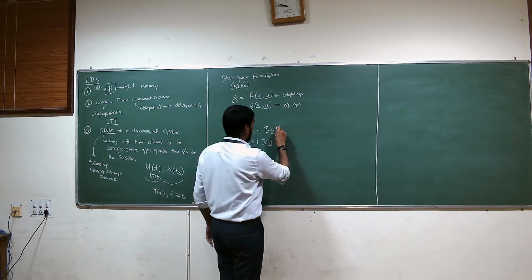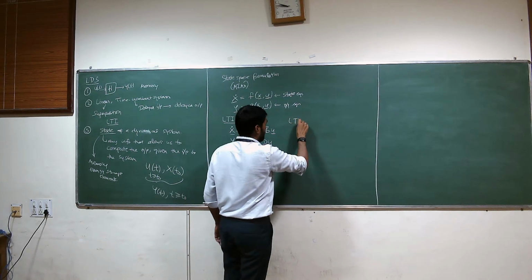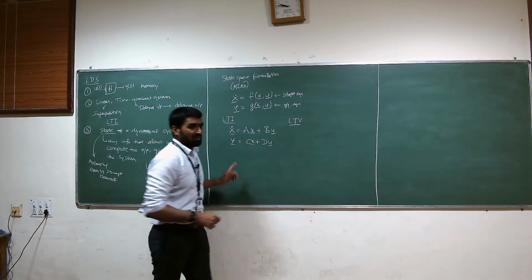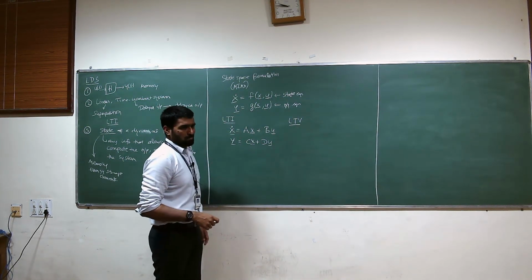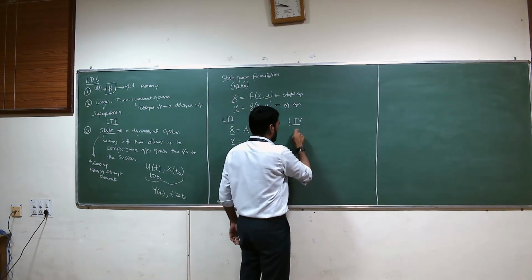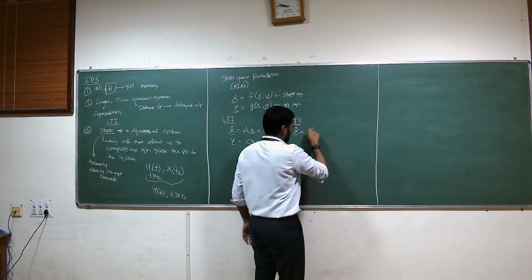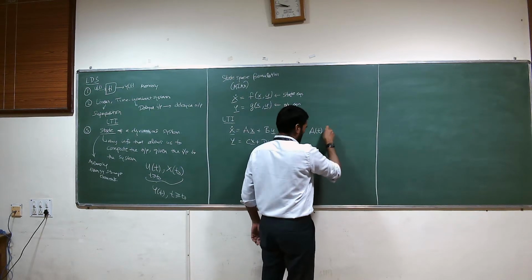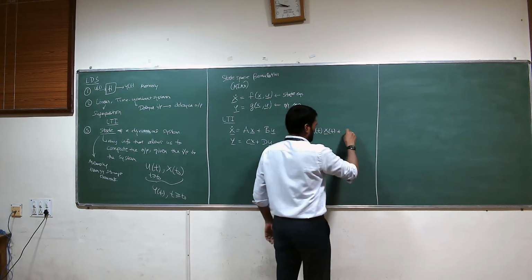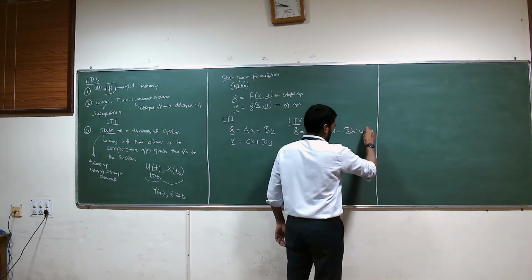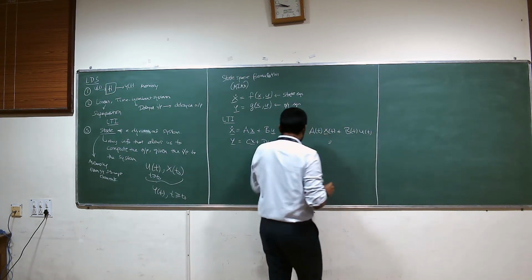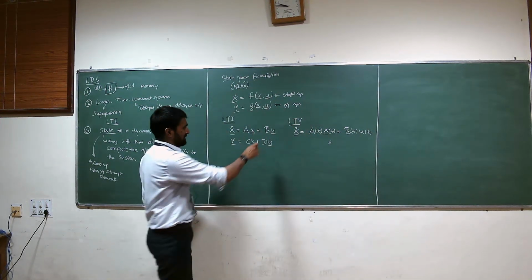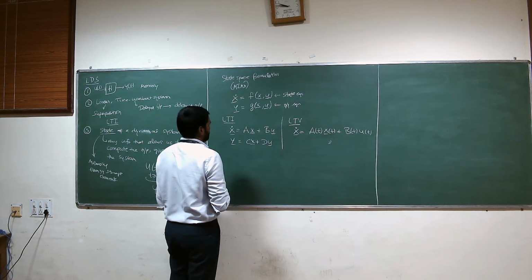Okay. What if this was linear time variant? How will this show? Yeah, so what you'd have is simply x dot equal to A of t, x of t, and similarly here. That's the only difference. Okay.